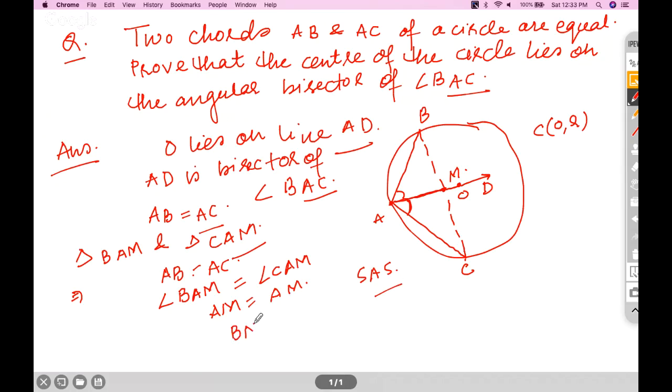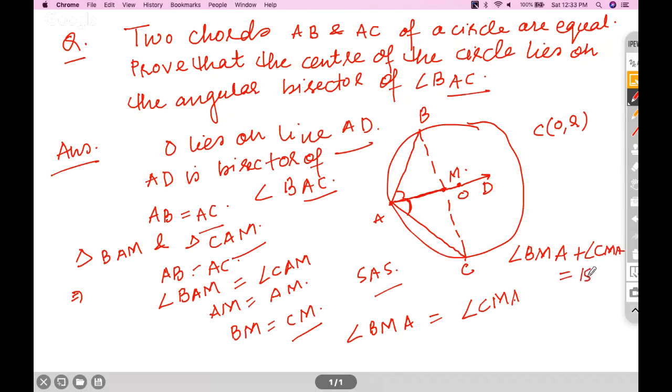So from here BM is equal to CM and angle BMA is equal to angle CMA, and the addition of both these angles, BMA plus CMA, is equal to 180 degrees. So these two would be equal to 90 degrees.